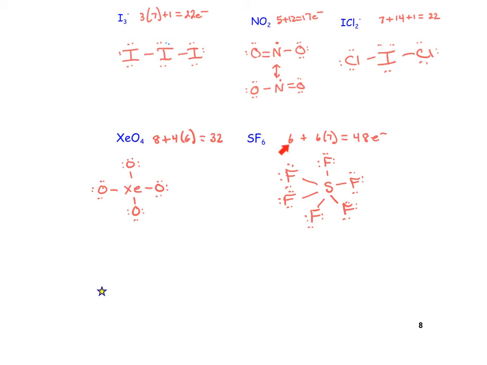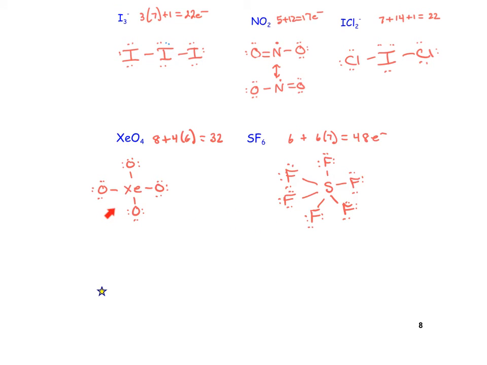We have 6 valence electrons, and 6 times 7 valence electrons is 48. We know this one breaks the octet rule. It has an expanded octet because the very minute we do our connecting bonds, we've used more than 8 electrons. Then from there, it's just a matter of adding our lone electrons to the rest of the molecule.